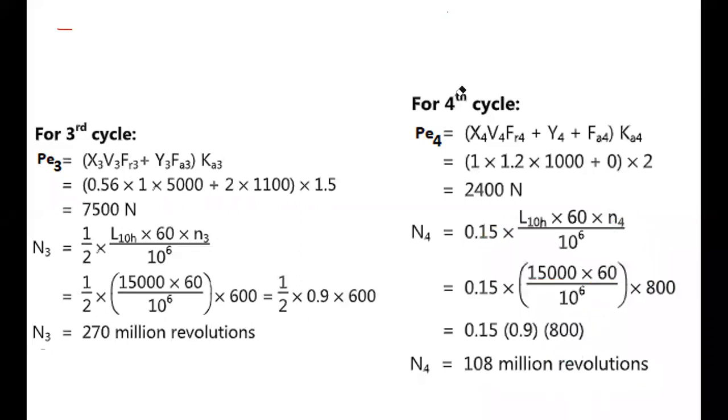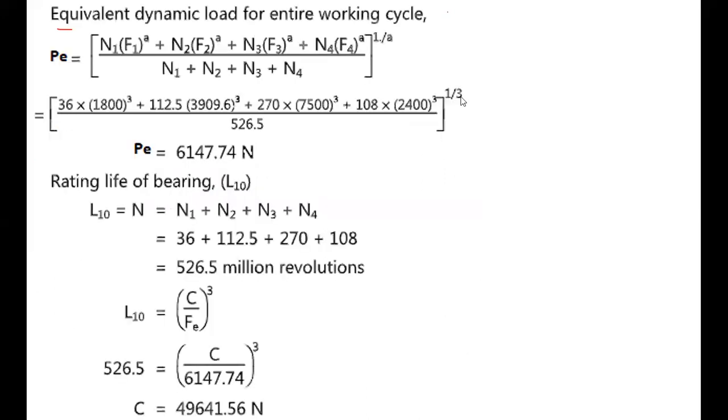Once you have found out the equivalent load for all 4 cycles and the million revolutions life, then you just have to apply the formula for cyclic load, which is N1 into F1 or P1, whatever you say here.